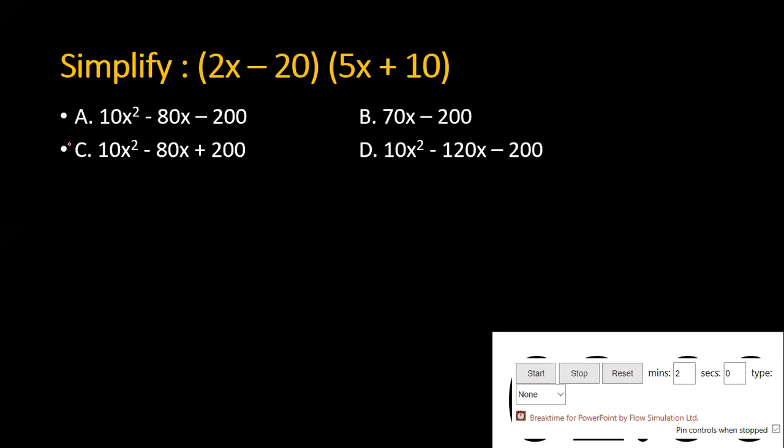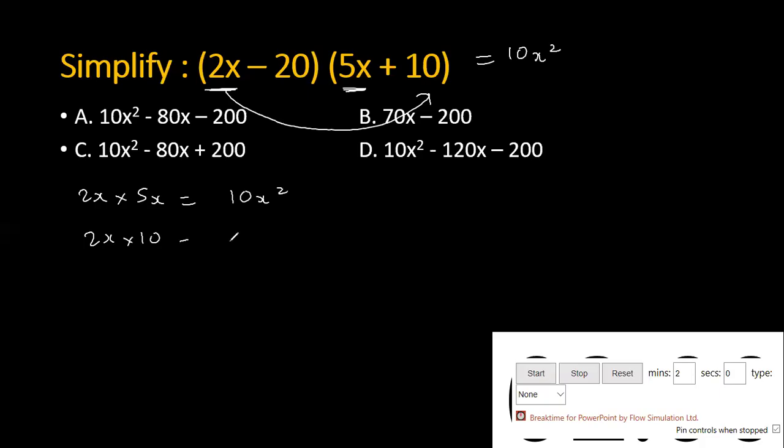Okay, here we go. So first, F, first term with the first term. So 2x times 5x, which is nothing but 10x square. So I'll write it down over here, 10x square. O, which is nothing but the outer terms now, 2x and 10. So 2x times 10 would be nothing but 20x. Because it is positive, I'll write 20x over here.